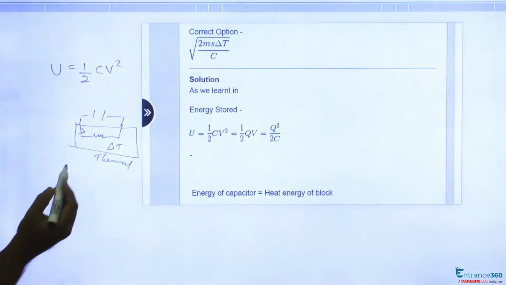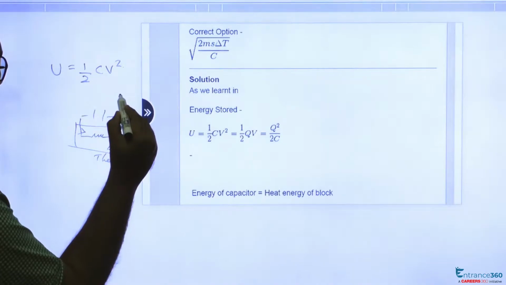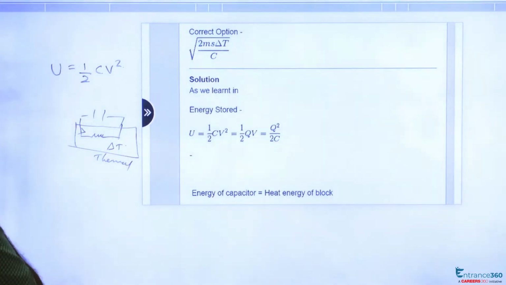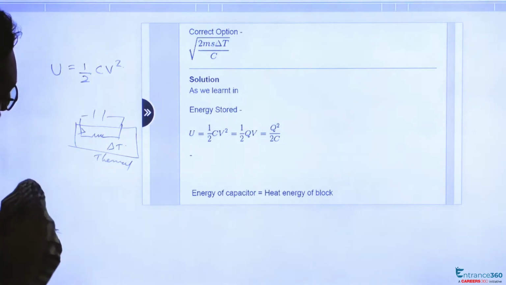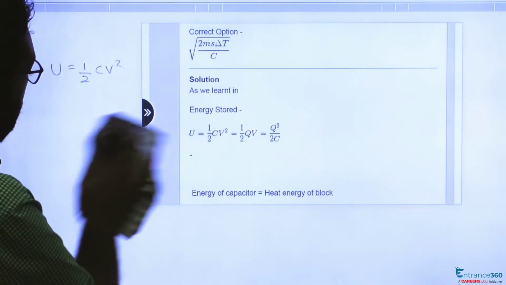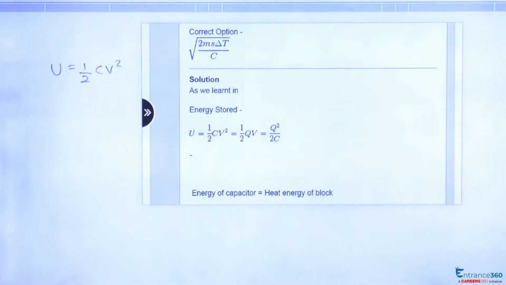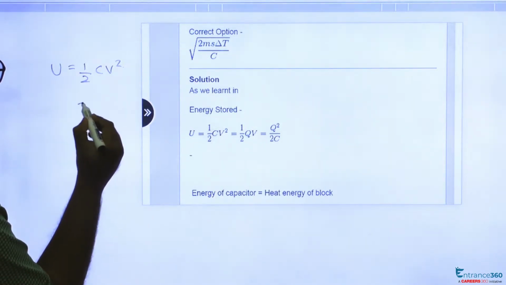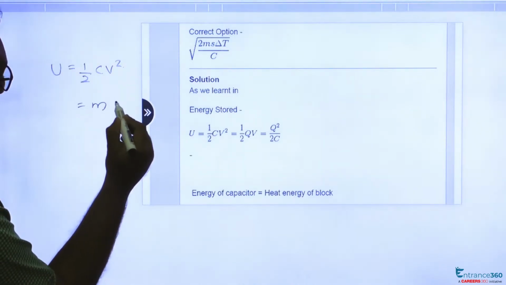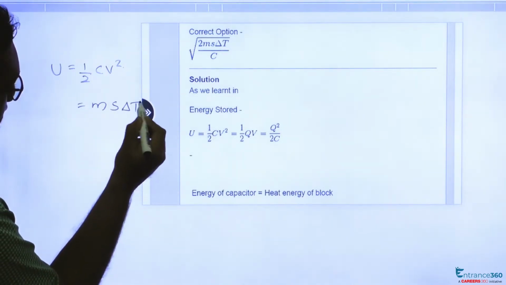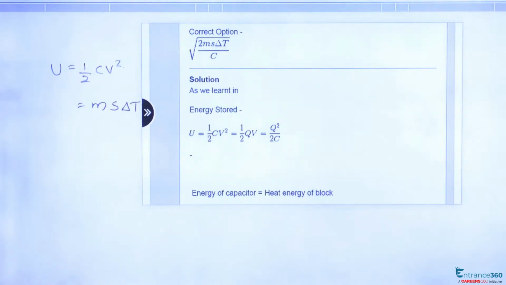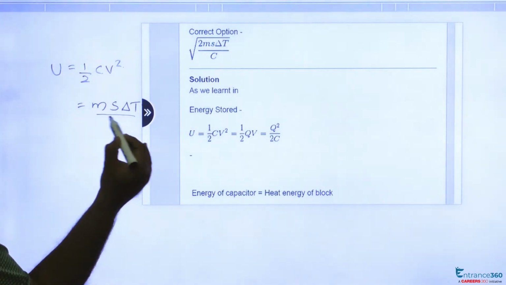Given that mass is M, specific heat is S, and change in temperature is delta T, the energy will be Ms into delta T. This we will discuss in the chapter thermodynamics.